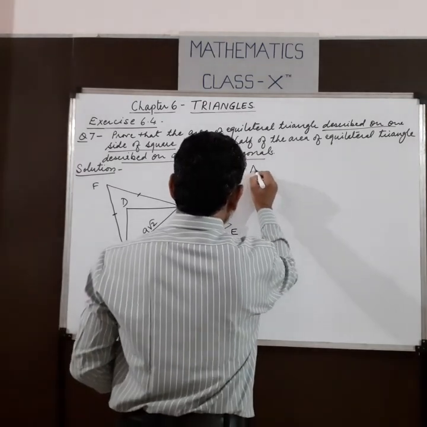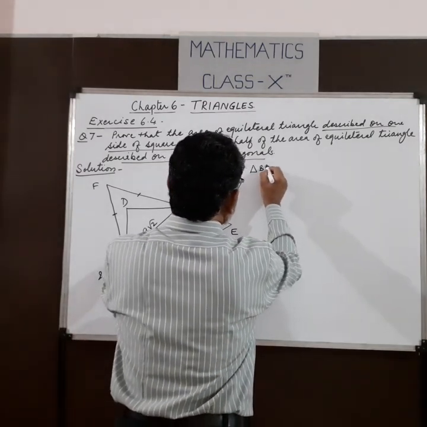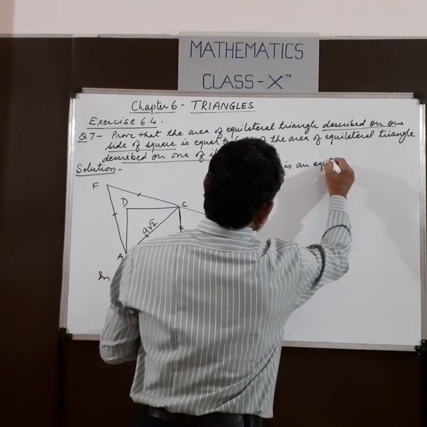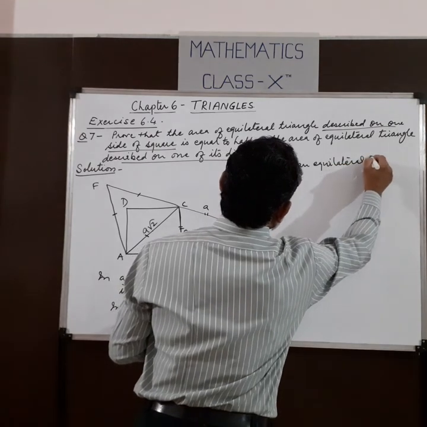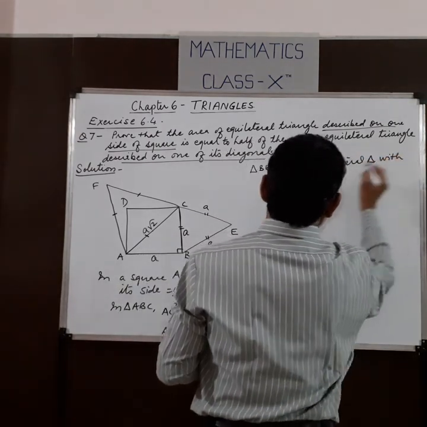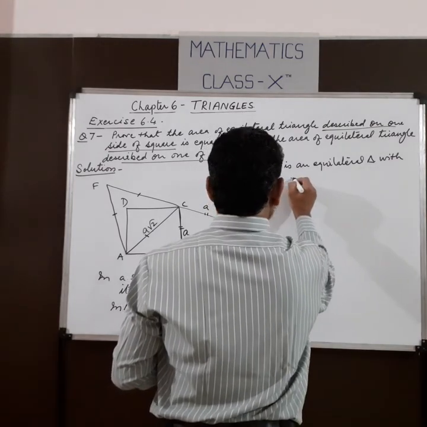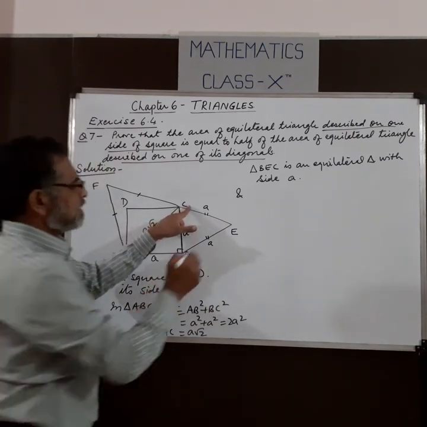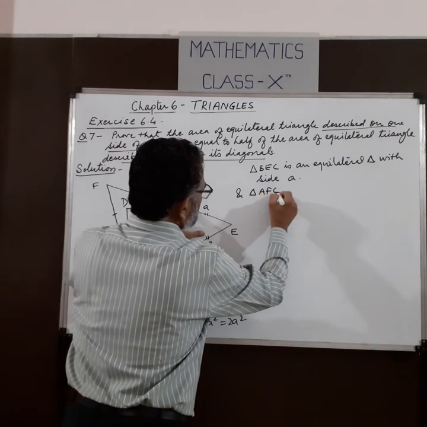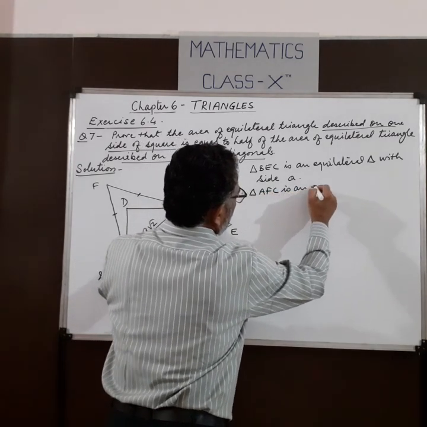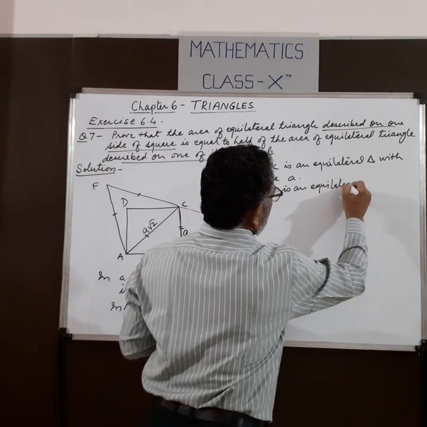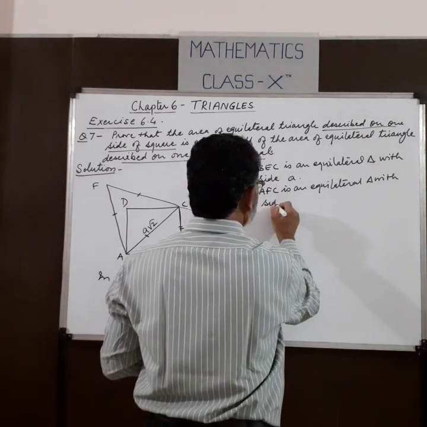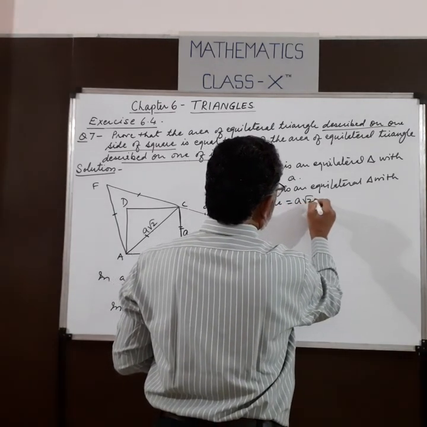So triangle BEC is an equilateral triangle with side A, and triangle AFC is an equilateral triangle with side A under root 2.